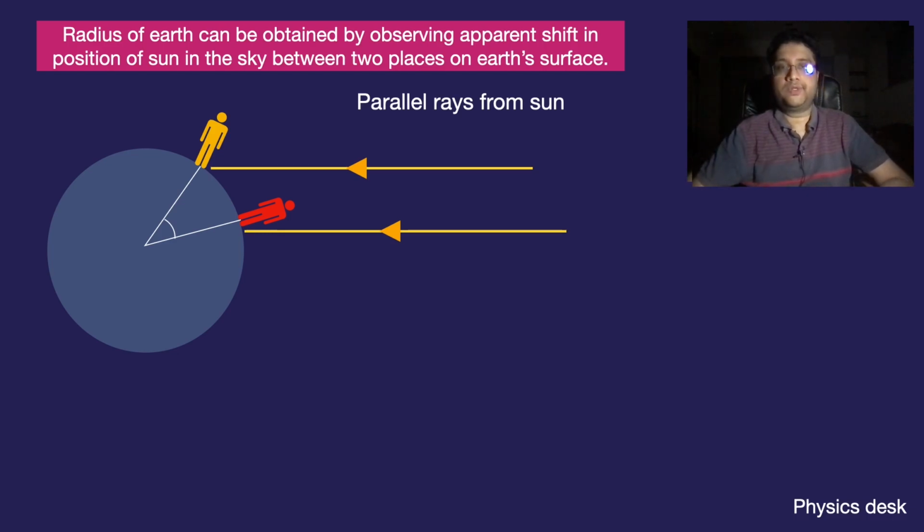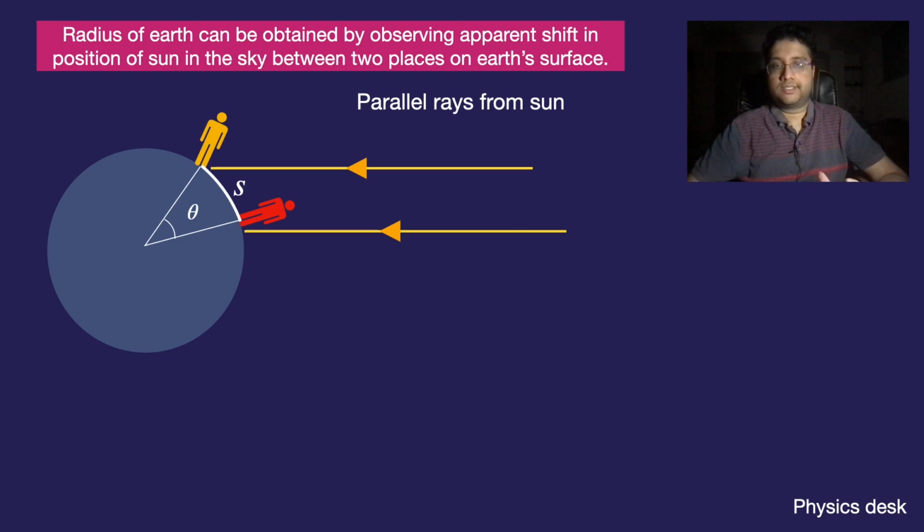This was a method used by Eratosthenes, a Greek astronomer, to accurately measure the radius of Earth more than 2000 years ago. You can see that at two separate locations, the observer sees the Sun at different angles in the sky.